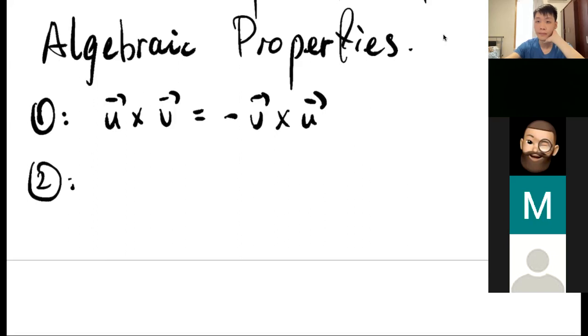Where you said that the cross product u cross v, and then you flipped it at the end, that's how you get the negative sign. When you switch the order of cross products, you get the negative sign. So that's why I call it anti-symmetric.